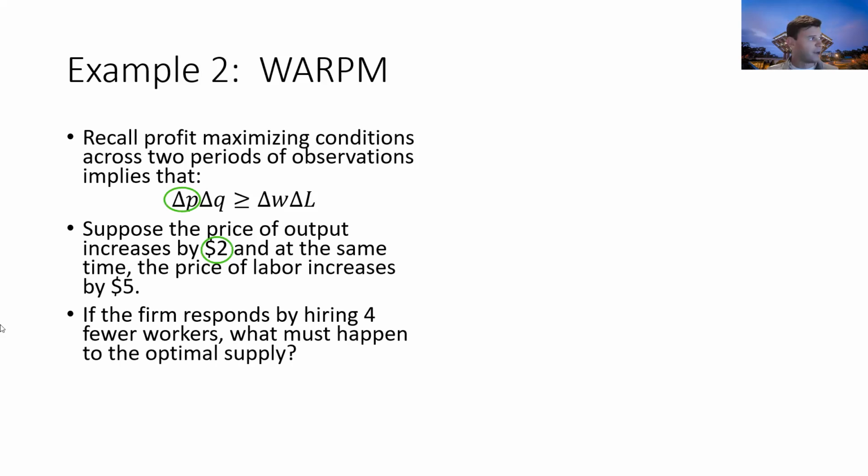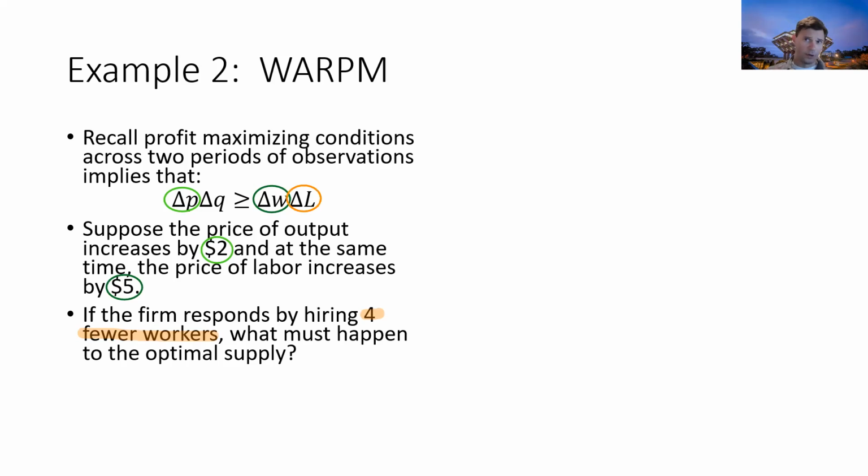And then $5 has got to be our delta W value. They're both positive, agreed? They're both increases. If they were decreases, I'd plug in negative values. And the firm responds by hiring 4 fewer workers. So 4 fewer workers, that's telling me about what? Yes, very good. That is our delta L.